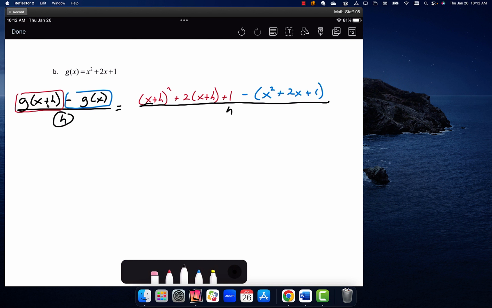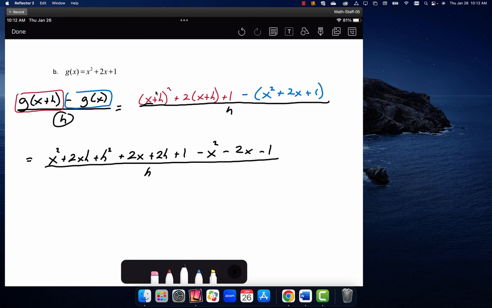And at this point, we'll just go through and simplify. X plus h squared, we need to square the first, double the product, square the last. Then we distribute the 2. Bring down the 1, distribute the negative sign. All of that is over h.